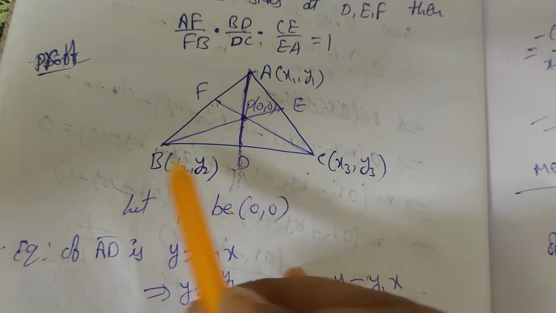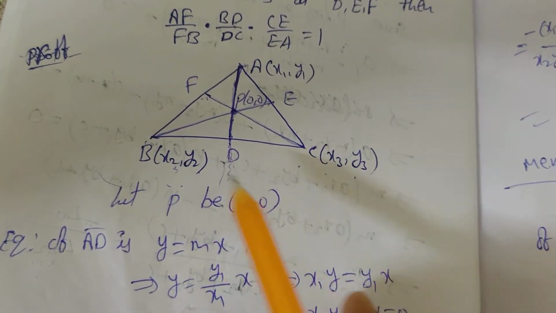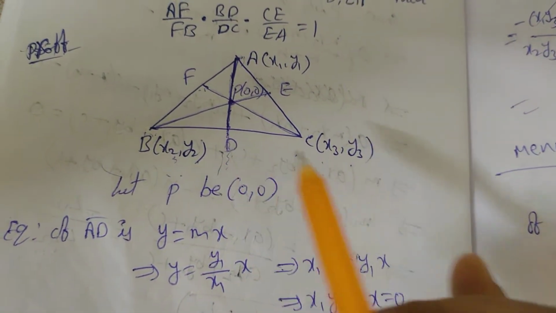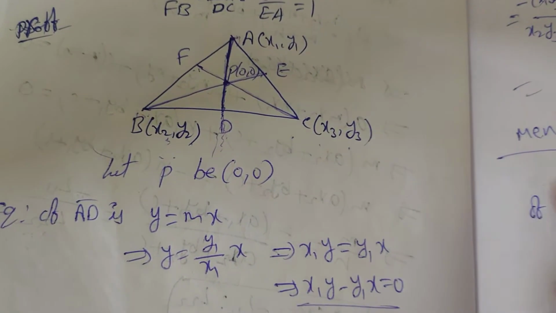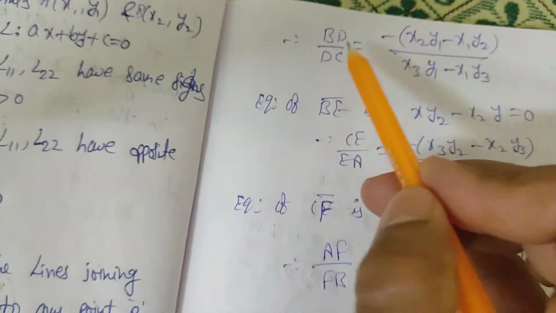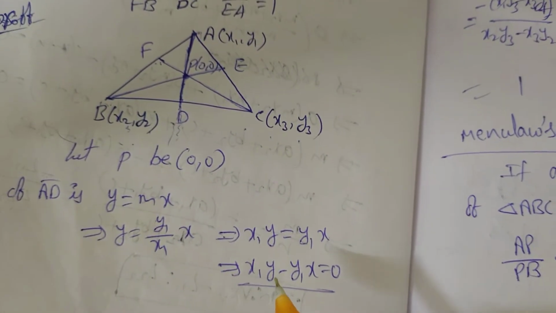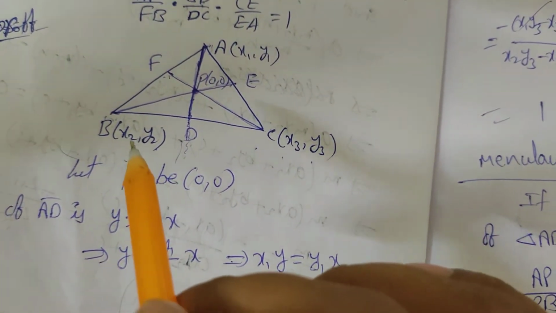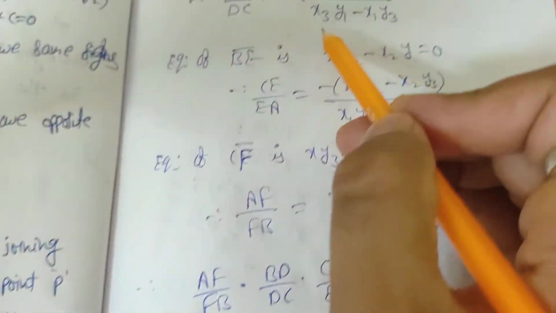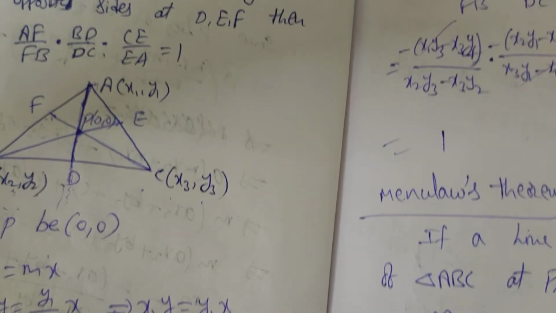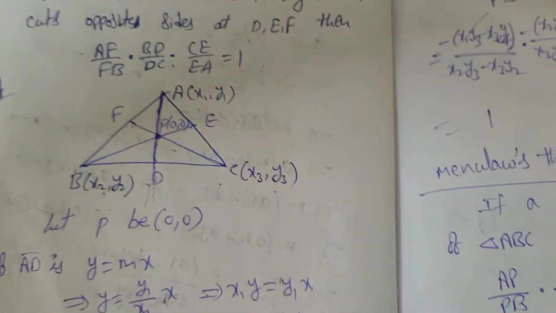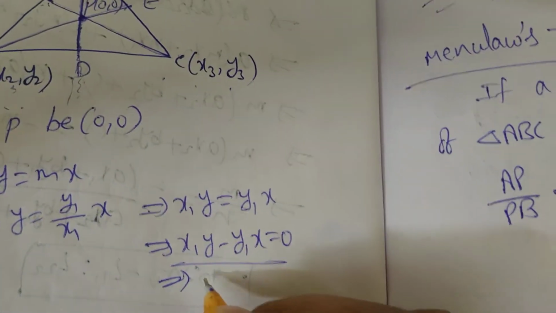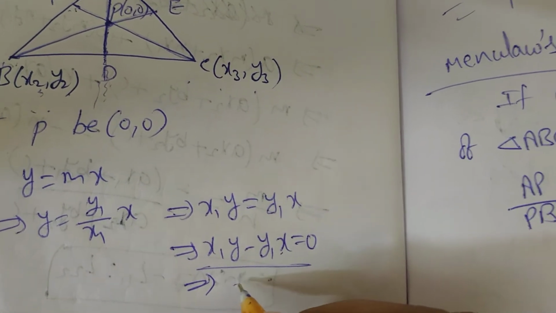That means we can write BD by DC is equal to, substitute x2 comma y2, that gives the numerator, and substitute x3 y3, that gives the denominator. So BD by DC is equal to, in y you substitute y2, in x you substitute x2. I am writing one more step here. First make x the first term.